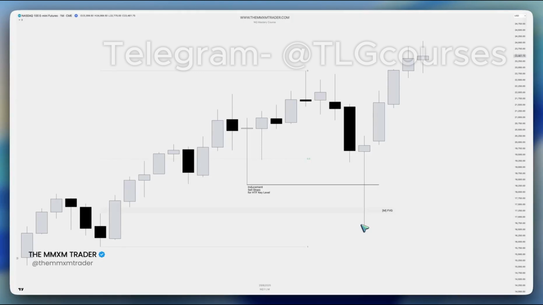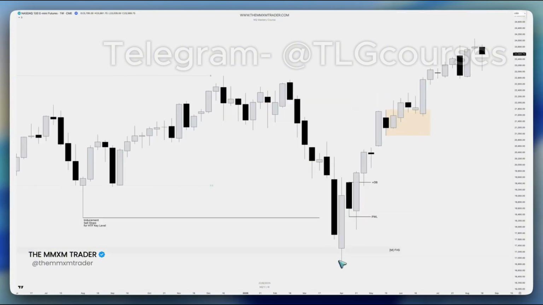Okay, now we're in a discount at that monthly bullish FVG. We run out a short-term low into that bullish FVG. So this is inducement for the high time frame key level. Then we drop to a weekly chart, right? And on a weekly chart, we can see we hit that monthly FVG, strong reaction, right? Then we have this one candle, right? We trade below it here, we wick below.